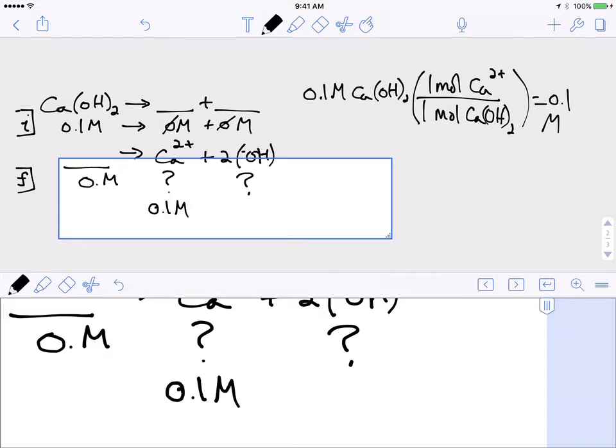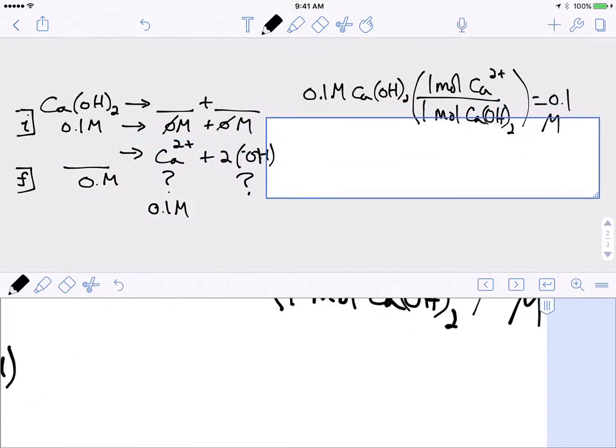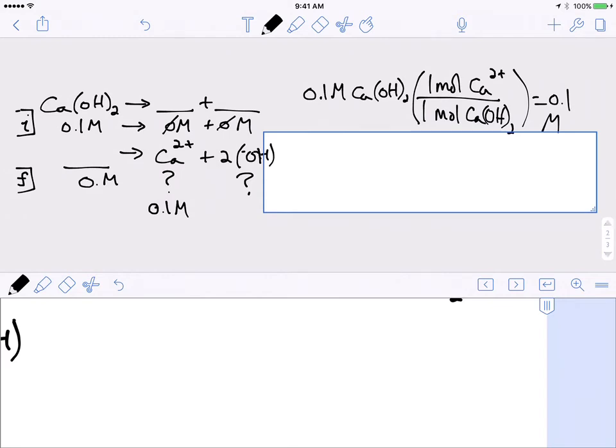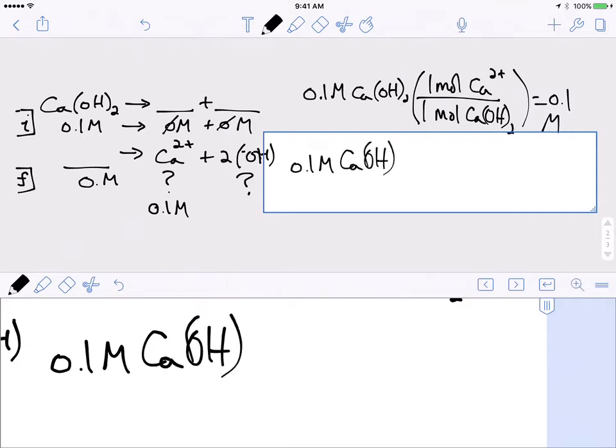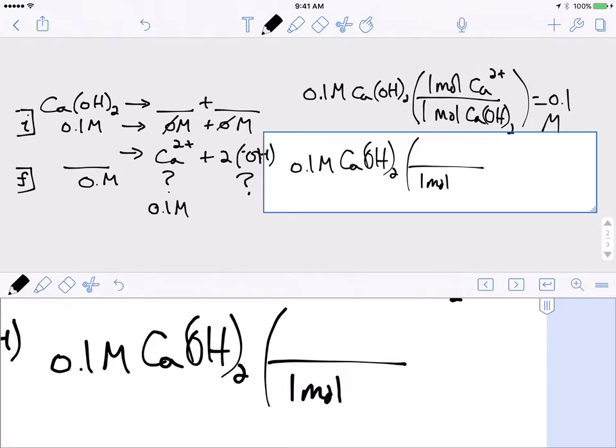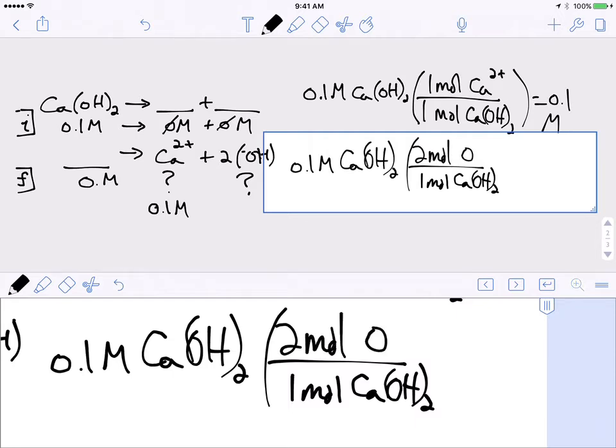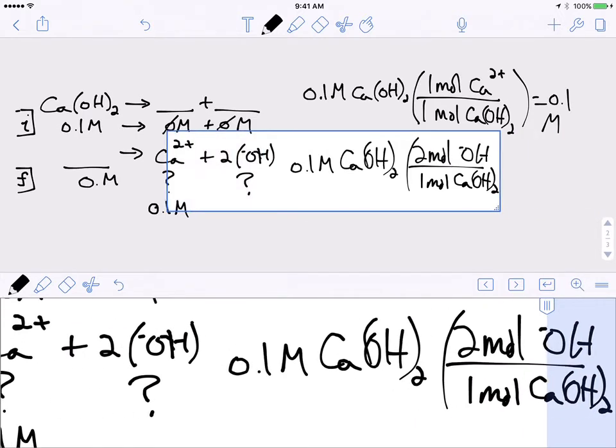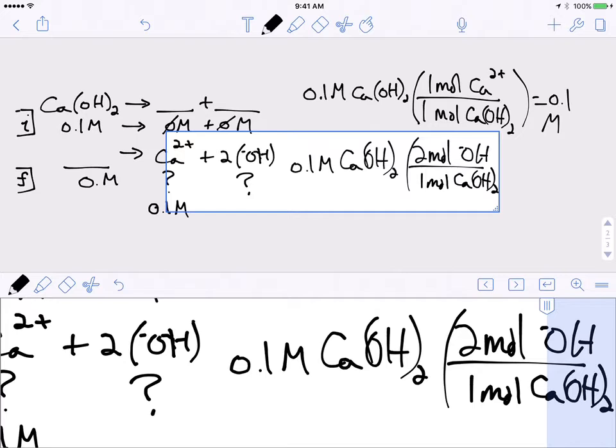0.1 moles. Let's do the same thing with OH. If I have 0.1 moles of CaOH2, my molar ratio is 1 mole CaOH2 to 2 moles of OH minus. Where did I get 2? Well, I have 2 here.